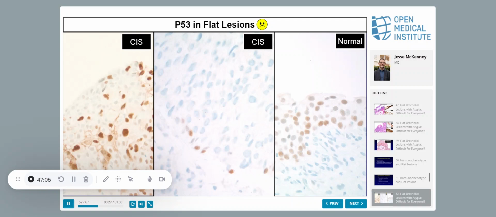This is a null phenotype, and these are positive in the residual benign basal layer cells. So the null phenotype is probably easier to read. And this is normal, so this is wild type, right? You have some that are strongly positive and some that aren't. Again, it's very highly dependent on your titer from lab to lab, and that's why I refuse to do it because I don't feel comfortable interpreting them. But I'll leave it up to you if you want to do it.